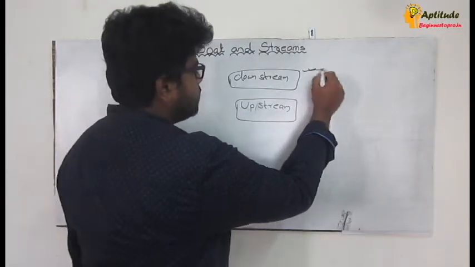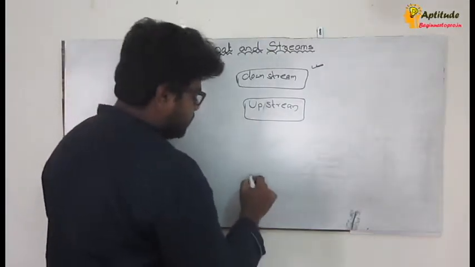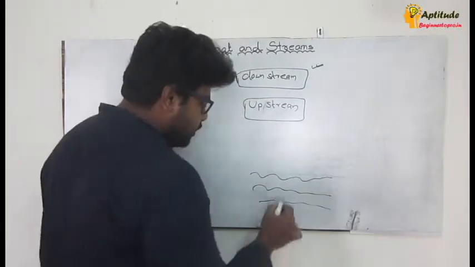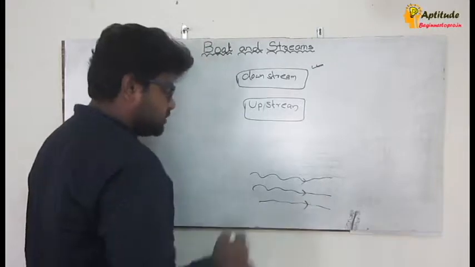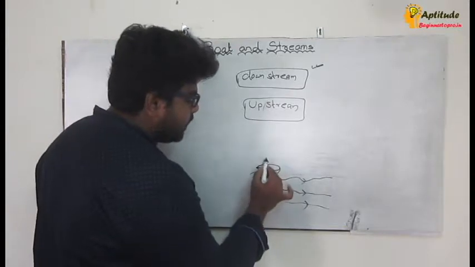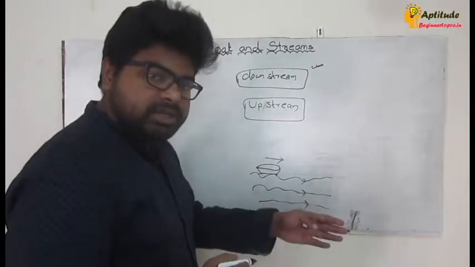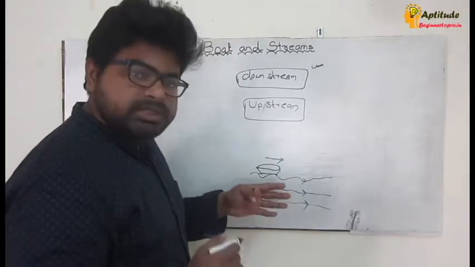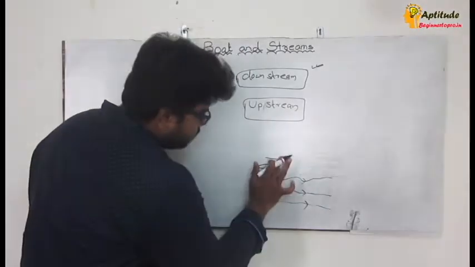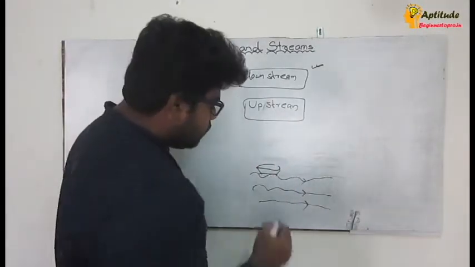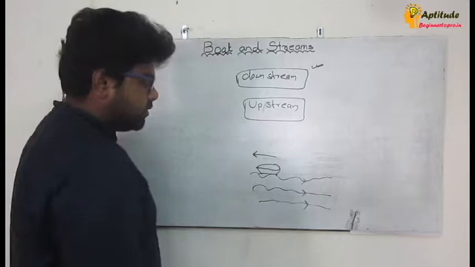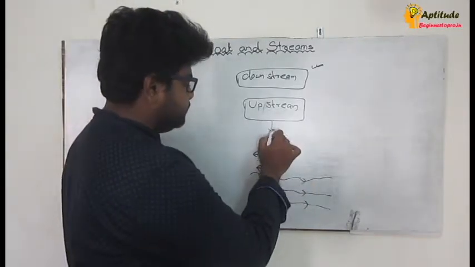Downstream means when a river or any stream of water is moving in a direction, and a boat or a person or any object moving along the direction of the stream is called downstream. But when a boat or man, any object, is moving opposite to the direction of the stream, such a condition is called upstream.